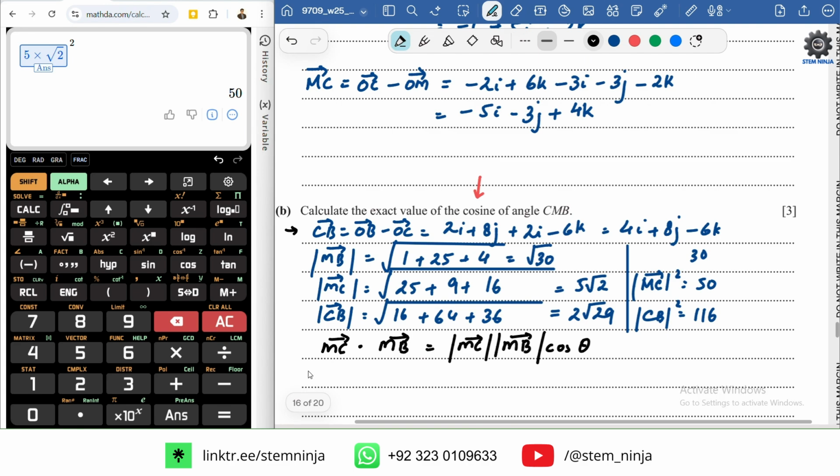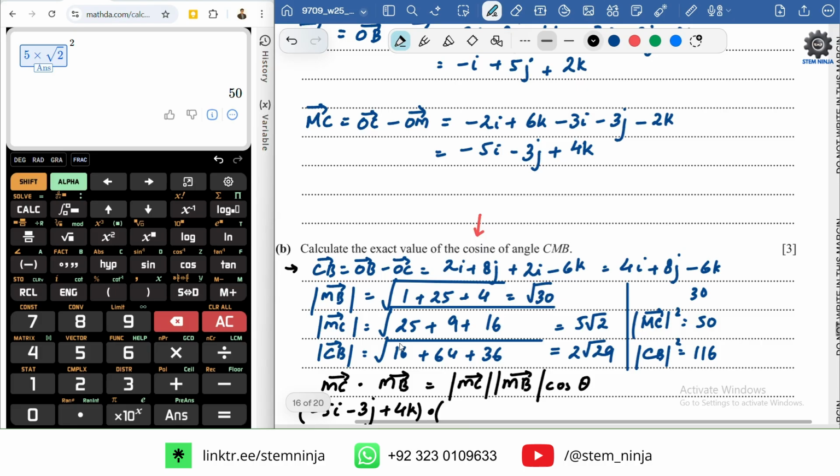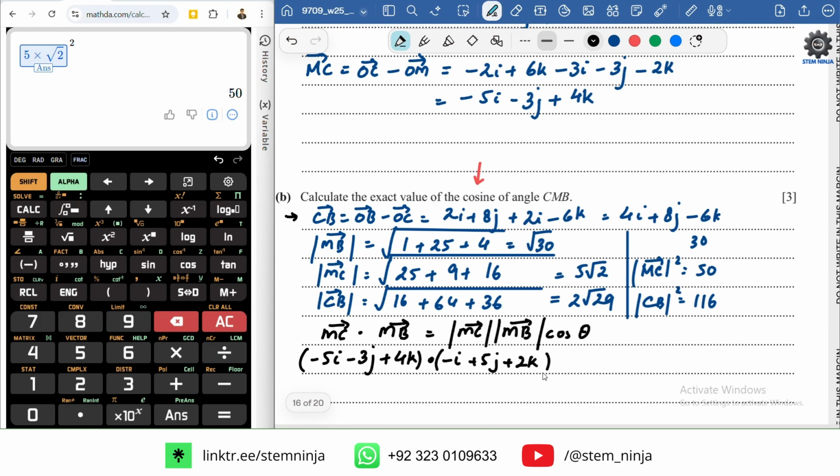MC is this thing, so minus 5i minus 3j plus 4k dot MB is minus i plus 5j plus 2k equals to MC is 5 root 2 times by 2 root 30 cosine of theta.